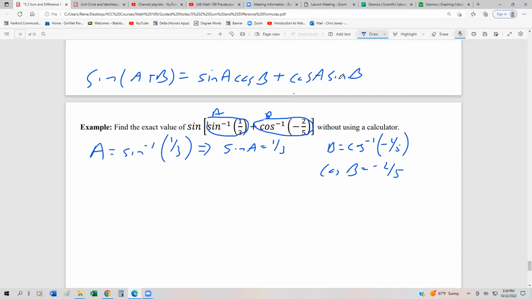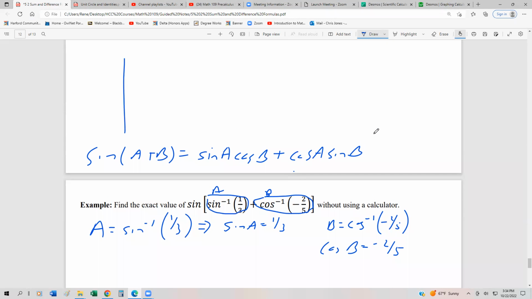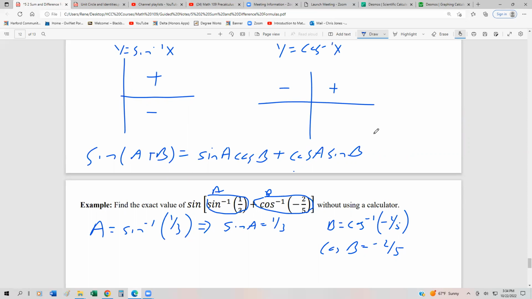Okay. All right. Now, the other thing we have to concern ourselves with is what quadrants these are in. So this one's easy. Remember that arc sine only lives in these quadrants: it's positive here and it's negative here. And the inverse cosine, or arc cosine, only lives in quadrants 2 and 1, and it's negative in quadrant 2 and positive in quadrant 1.